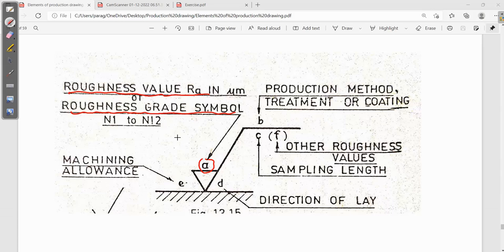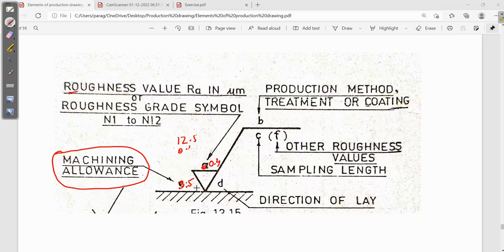I showed you 12.5 there and 0.4 there. So that particular value we have to mention here. On this particular position, suppose the surface roughness was 0.4, so instead of A I will put 0.4. Now the machining allowance. In manufacturing processes we have already studied machining allowance. That particular machining allowance we will put here. It can be 3.5, micrometer or mm, whatever. Okay, mm it is.